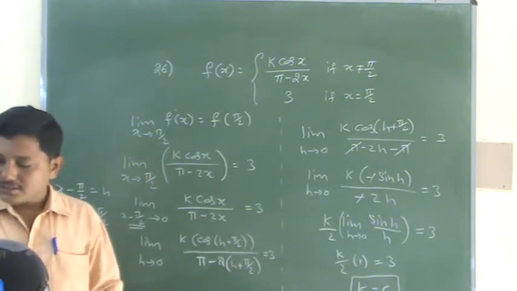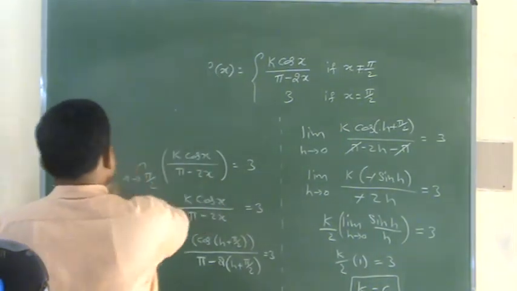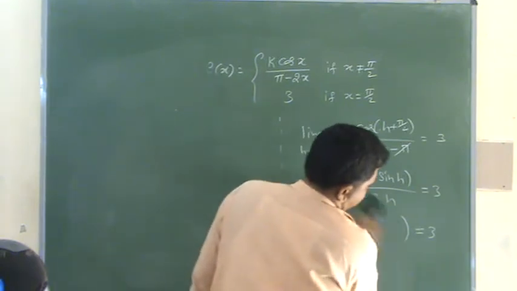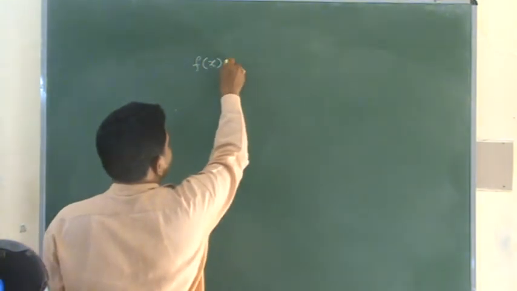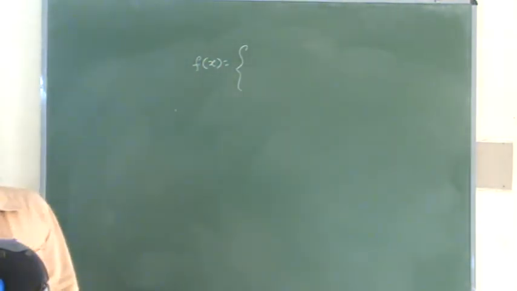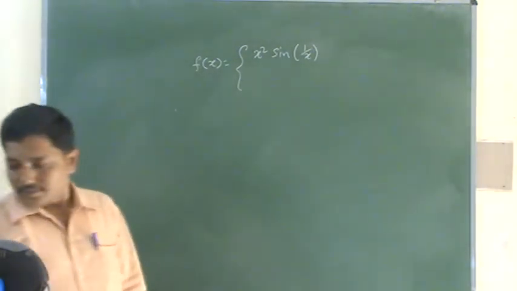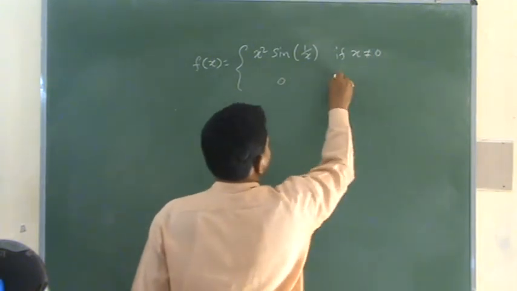Next I will take another problem. Show that f of x is continuous, where f of x is x square into sine 1 by x if x is not equal to 0, and 0 if x is equal to 0.